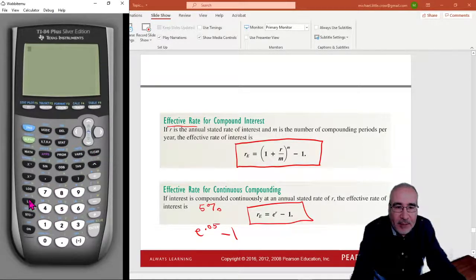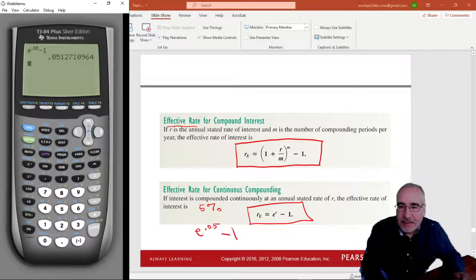So all we have to do is e is a shifted natural log, second natural log, e to the 0.05. Subtract 1 from that. What we're going to see is it's a little bit more than 5%, 5.127%. I guess I can't write 5.127.